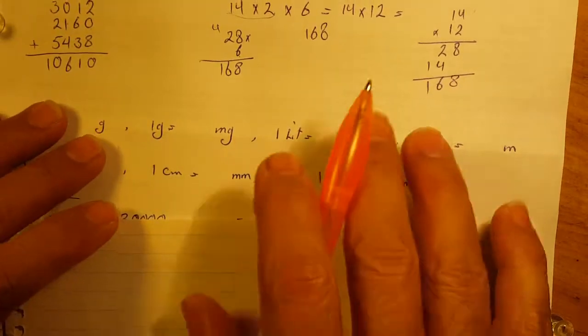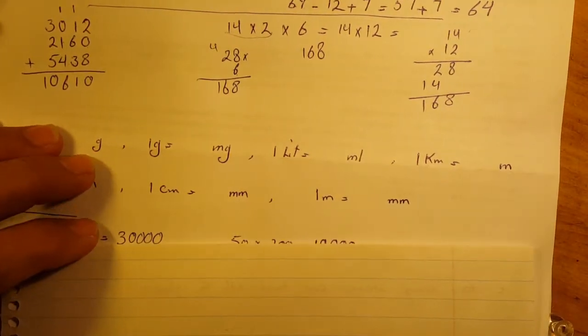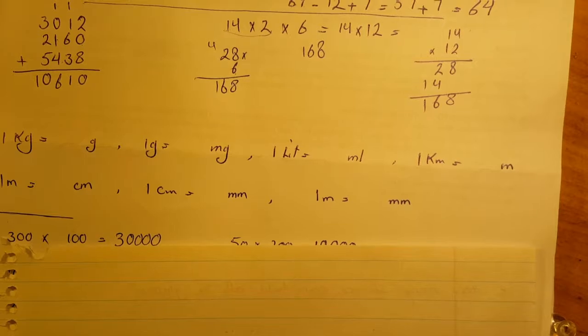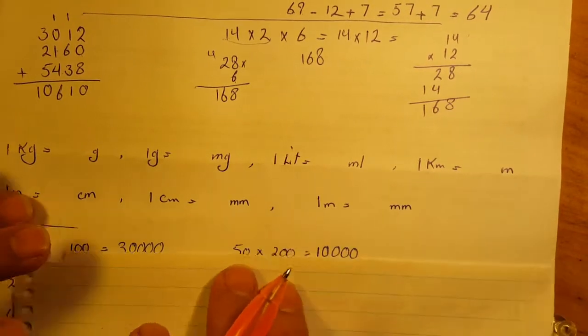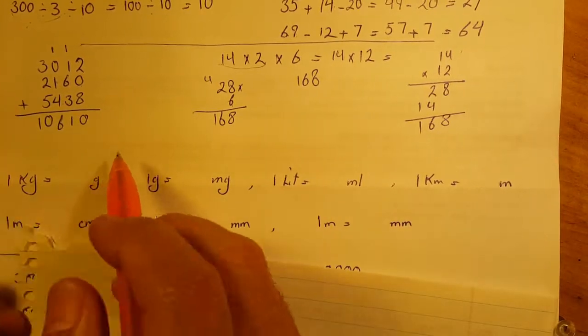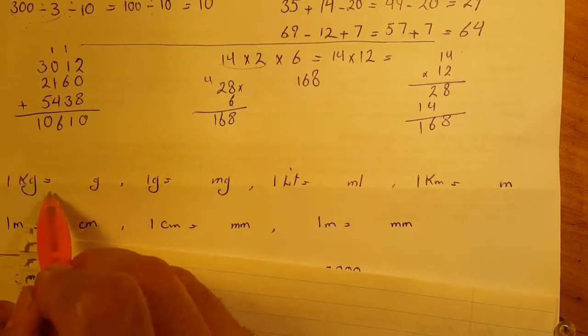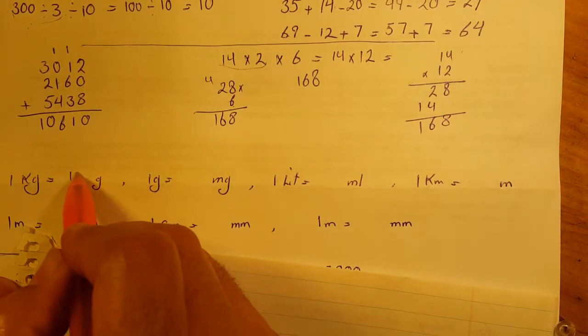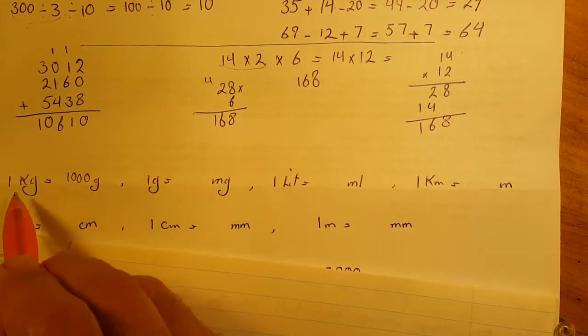And also I wrote a few units here just to review. 1 kilogram equals 1000 grams.